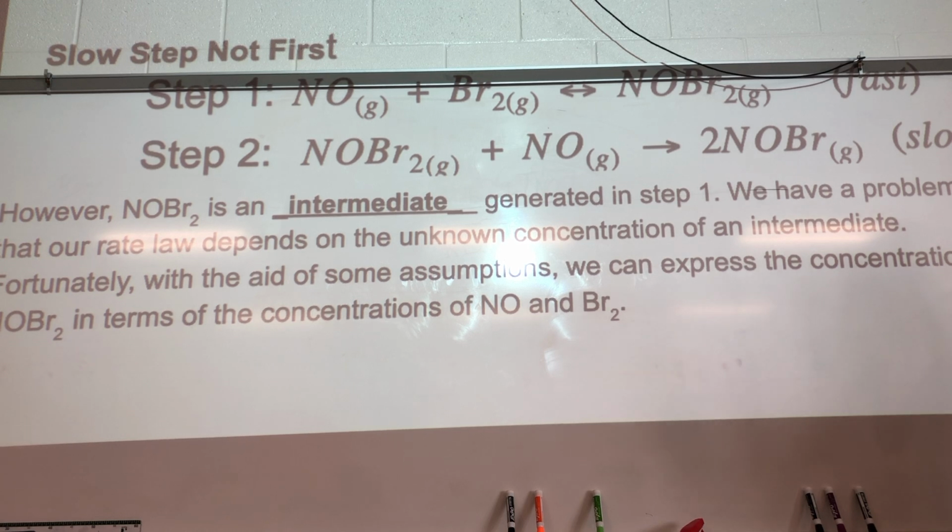Now, which step do we care about? The slow step, right? The slow step is the rate of the overall. But when the slow step comes second, we often have a problem where one of the things in the rate law is an intermediate.